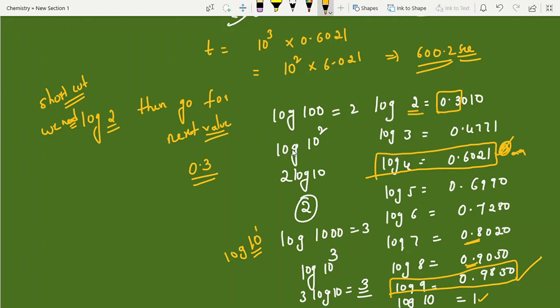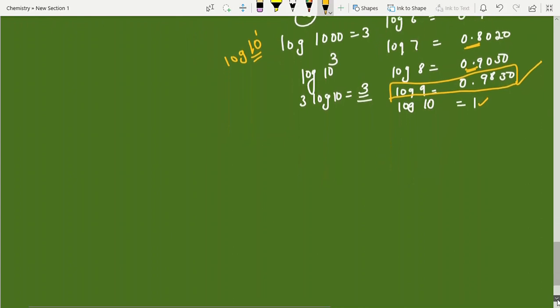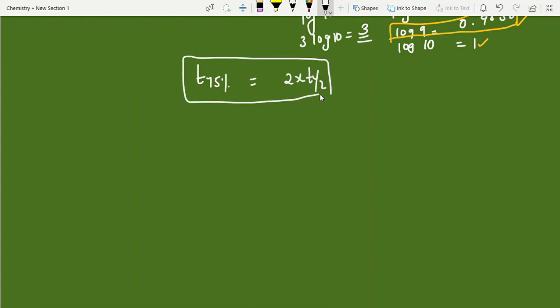And the last question, one more. t 75% equal to 2 into t 50%. How do you show the relations? K equal to 2.303 by t log 100 by 100 minus x.